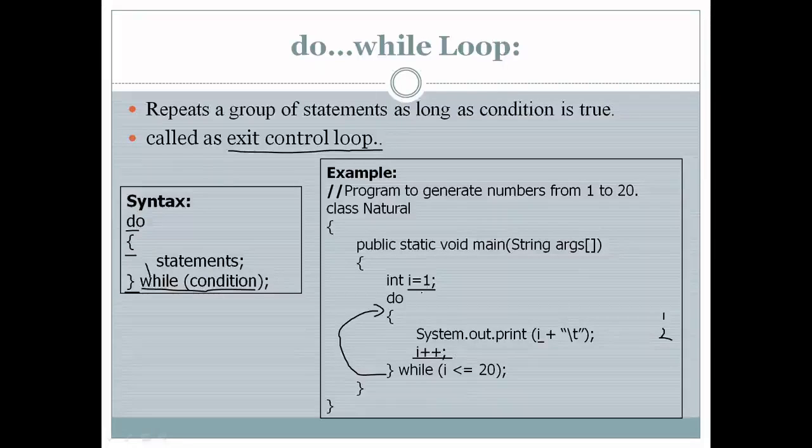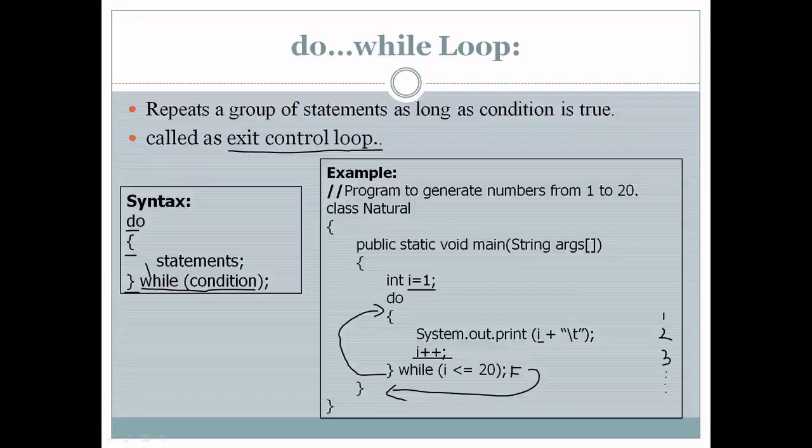Again it goes back, again it prints the value of i, that is 3, and this will continue till the value of i is 20, and when the value of i becomes 21, this condition will become false. 21 is less than or equals to 20, the condition will become false, and when the condition is false, it will simply come out of the loop and go to the code which is included after the do while loop.